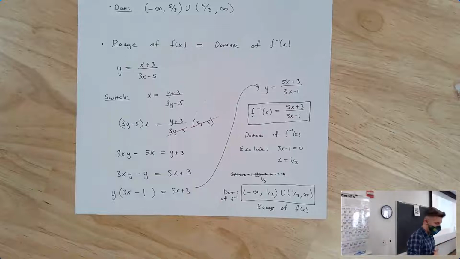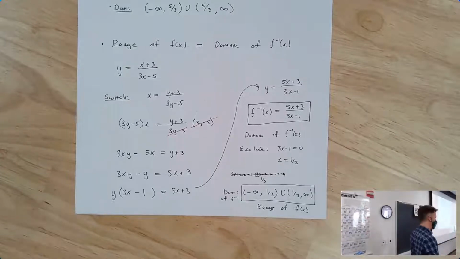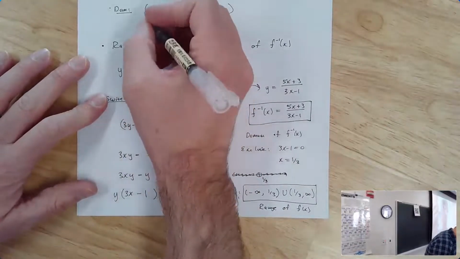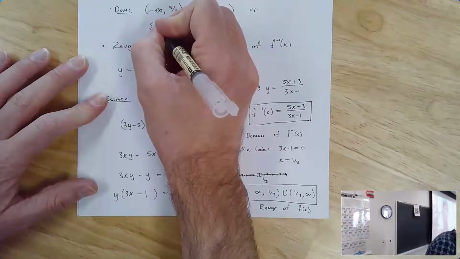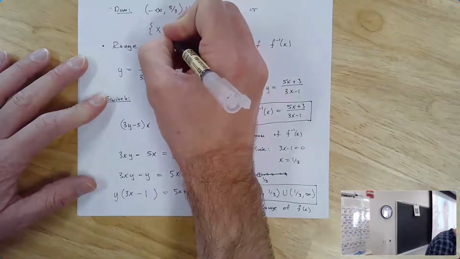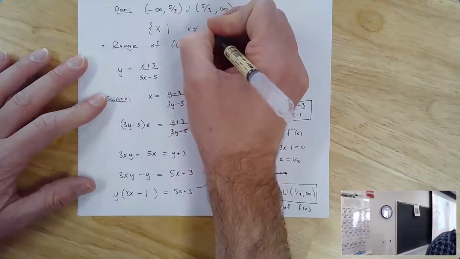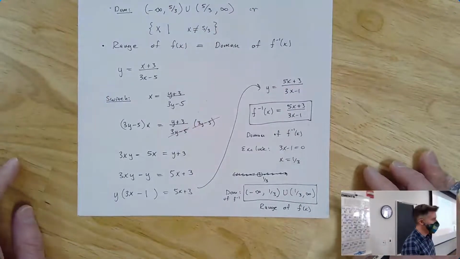There's another way of writing this, which I haven't really talked about, which is both lazy and complicated at the same time. Great combination. Another way of writing the domain here, if you really want, is the set containing x such that x is not equal to 5/3. That would be another valid way of writing it.